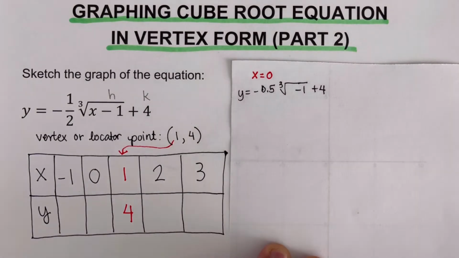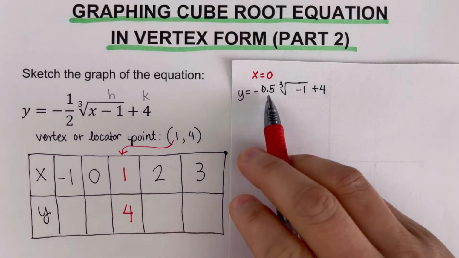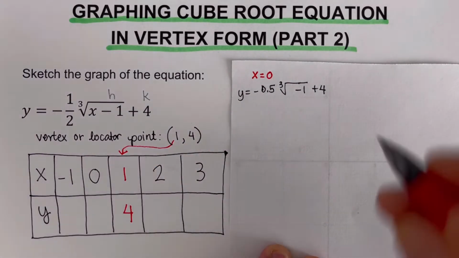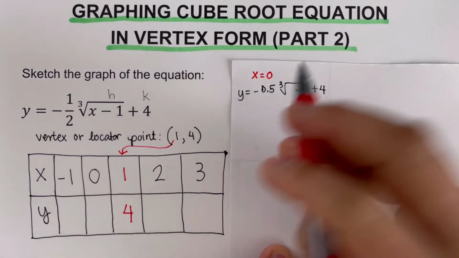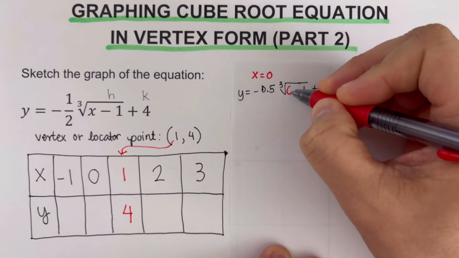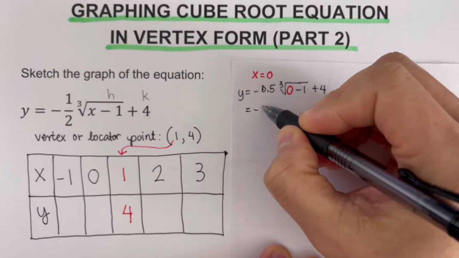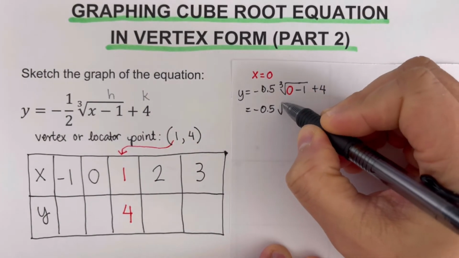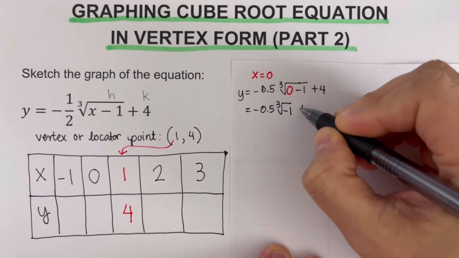What I did here was change the 1/2 to its decimal version, 0.5, and there's a negative in front of it. I did not write the x here purposely, because we want a 0 in place of the x. So our equation comes out as negative 0.5 cube root of 0 minus 1, which is negative 1, plus 4.